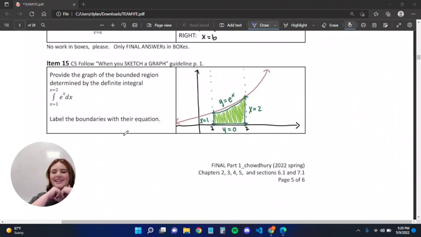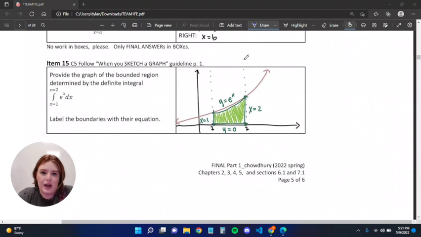Hey, Madeline. So this is Emily, validating item 15. It asks you to provide a graph of the bounded region determined by the definite integral. It's given an integral with the right boundary of x equals 2 and the left boundary of x equals 1.